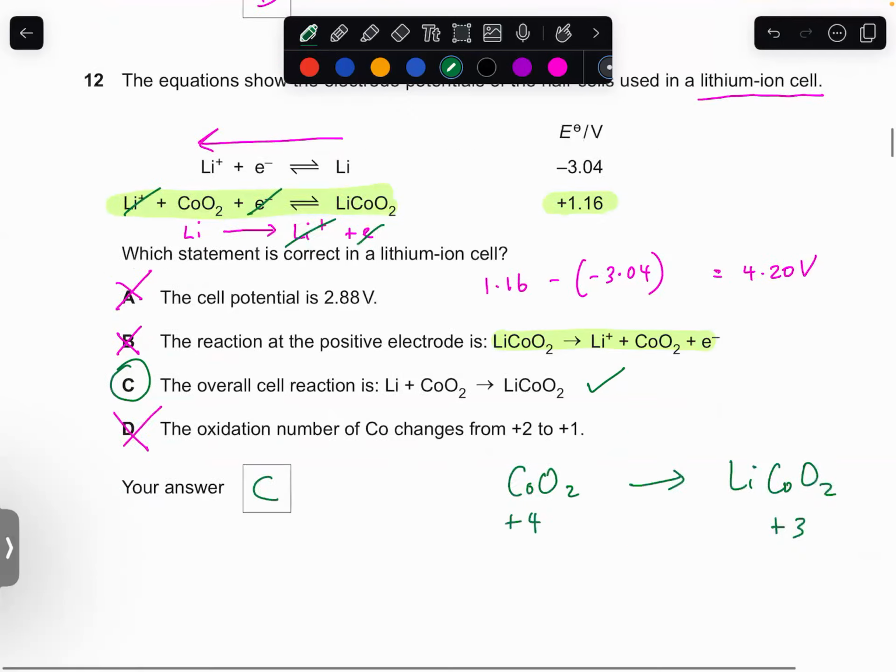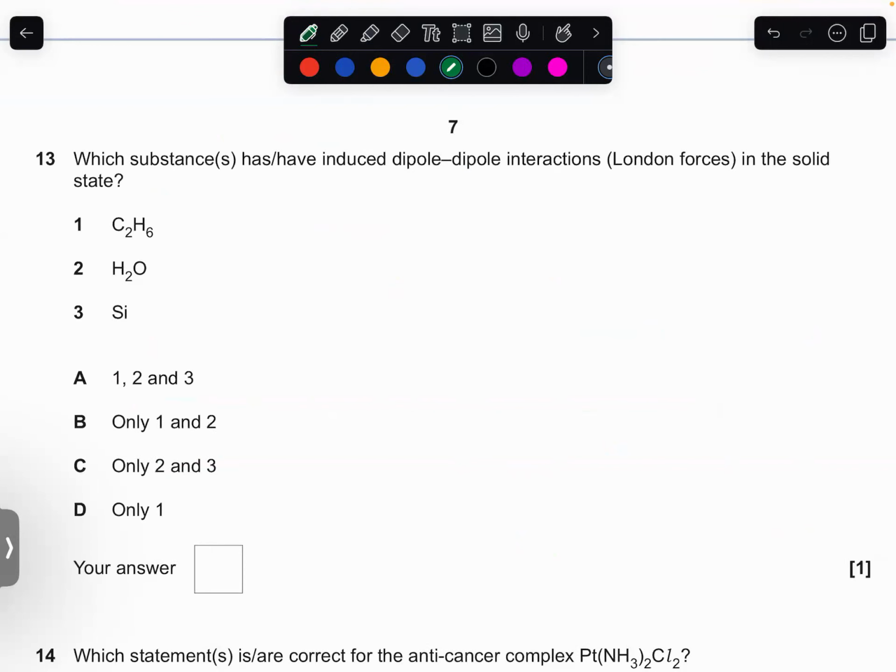Next question. Which substances have induced dipole-dipole interactions, London forces, in the solid state? So what you've got here, you've got ethane. In the solid state, you've got ice. And you've got silicon dioxide, which has a giant covalent structure. Now 3 is going to be ruled out because that's held together by strong covalent bonds.